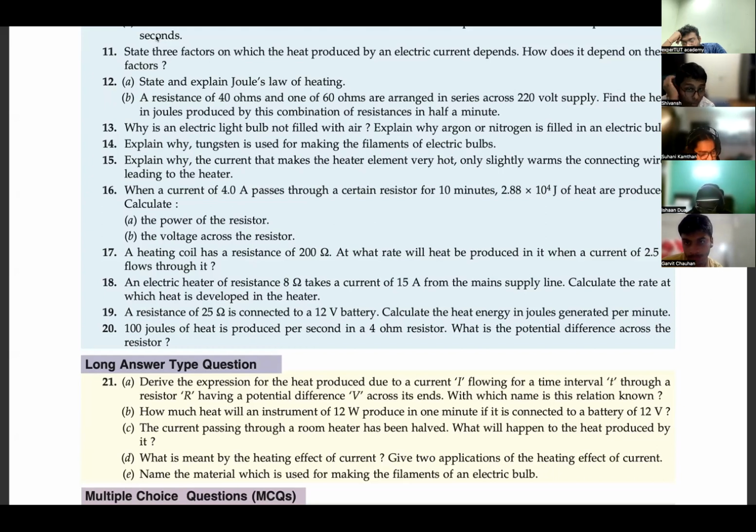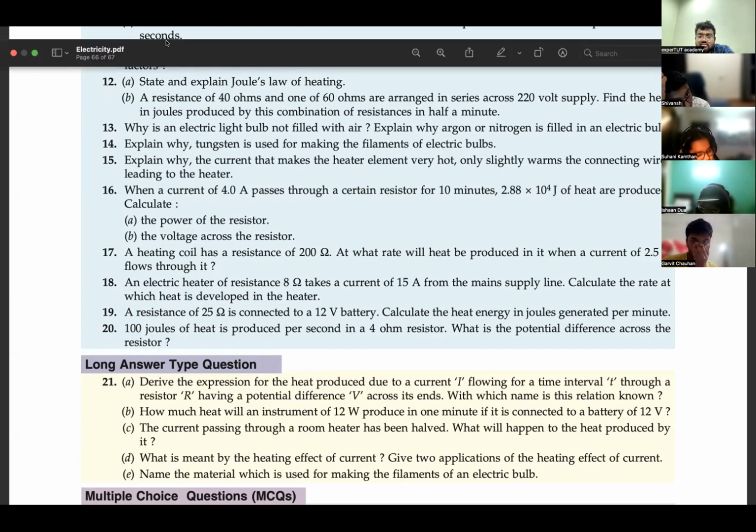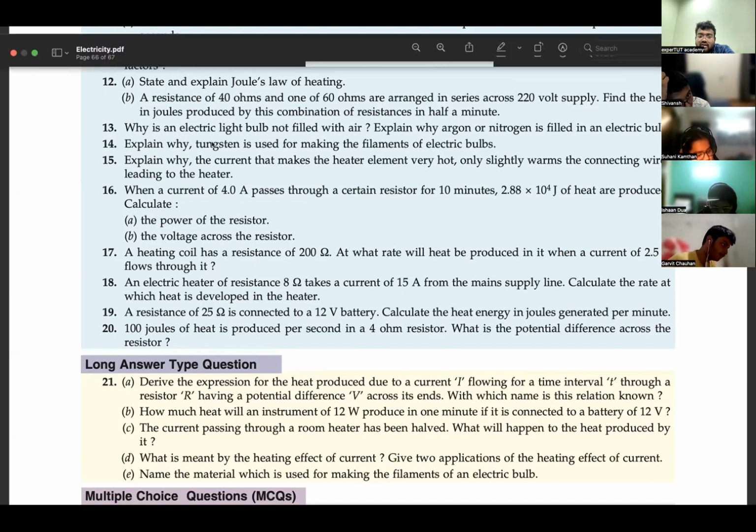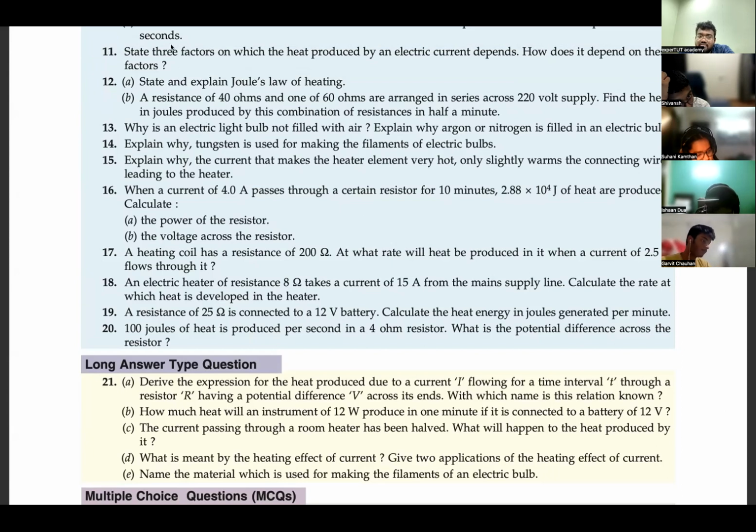In the 17th question, they're asking at what rate will heat be produced in it. The rate of heat production is also called power.